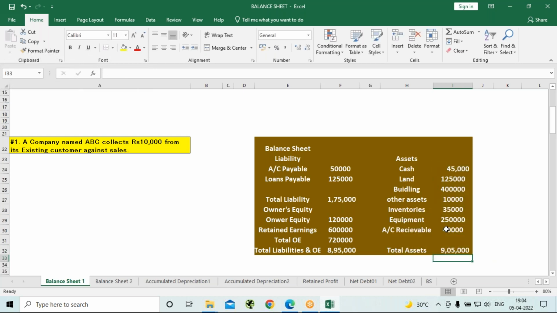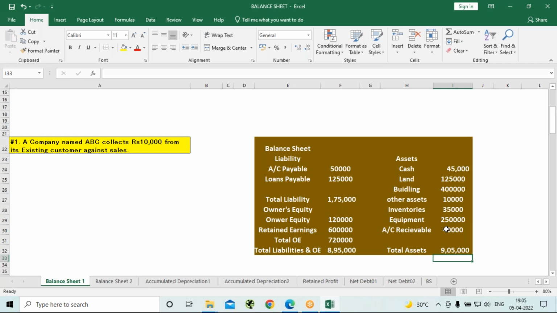Okay. So can you find the difference in the values? That is, one is 8,95,000. Here it is 9,05,000 because there was an increase of cash. So now I have to do one more entry because we have to affect it in double entry.